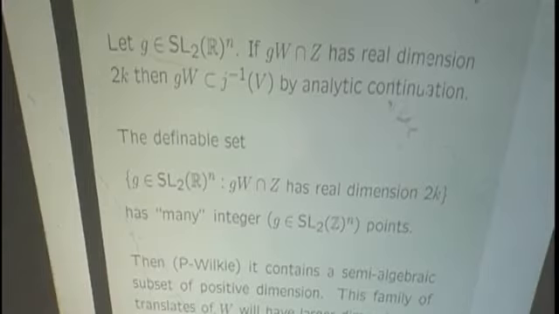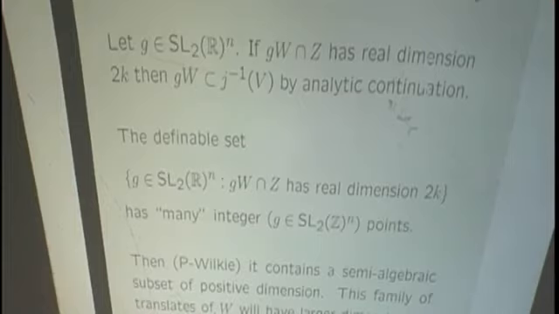So I look at the G's in SL2R to the n for which GW intersects my definable set Z in its full dimension, the full dimension of W. And for all such G's, GW will actually be contained in the inverse image of V by analytic continuation. But that set of G's is a definable set.